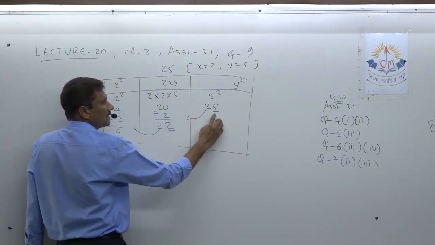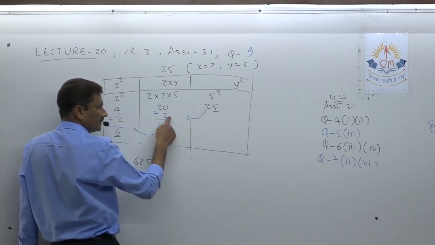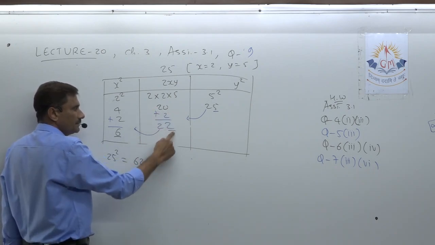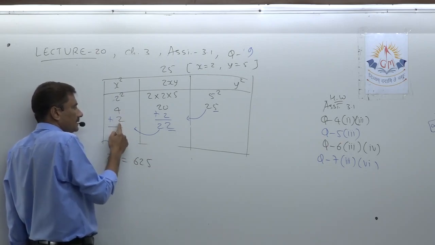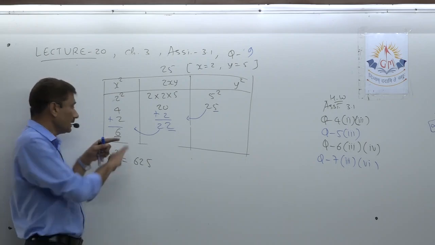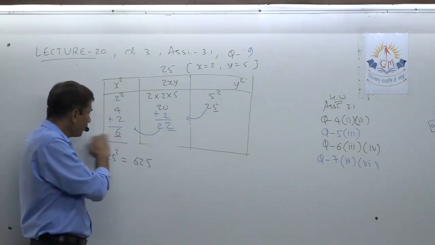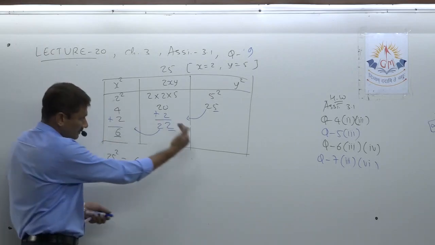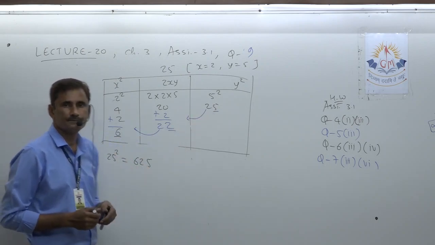Only the unit digit is underlined. The tens digit comes here and is added. Then again after addition, the unit digit is underlined and the tens digit is added to the next column. After getting the total, underline all the numbers, here only a single one. But suppose 2 or 3 digits are there, then all of them should be underlined, because it is the last step. So 625 is our answer.